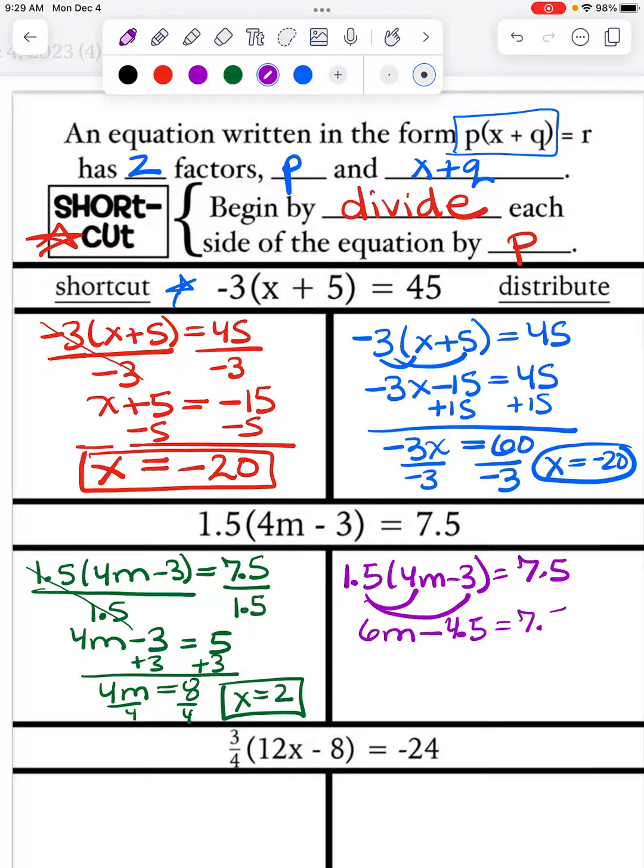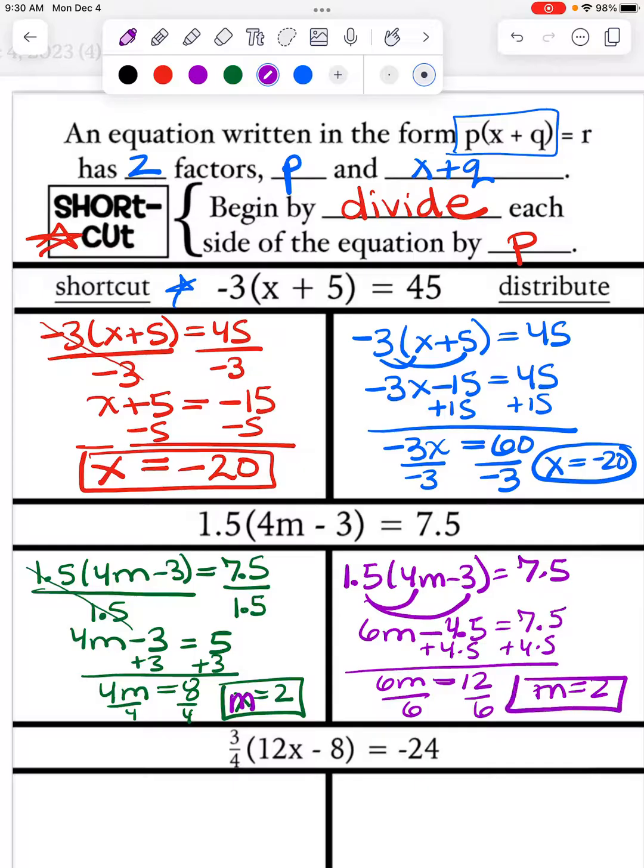So now I have a two-step equation. If I add 4.5 to both sides, this is going to give me 12. So when I divide both sides by 6, I get m equals 2. We get the same answer.